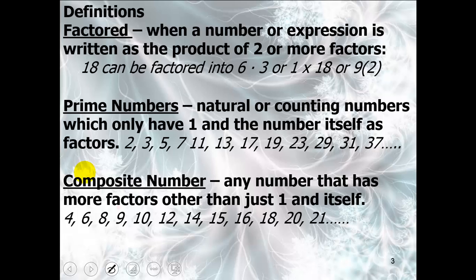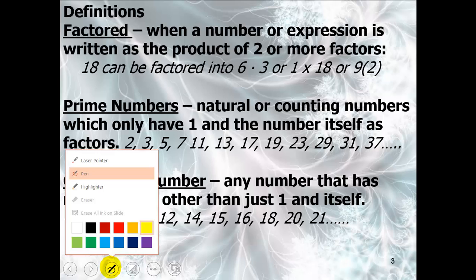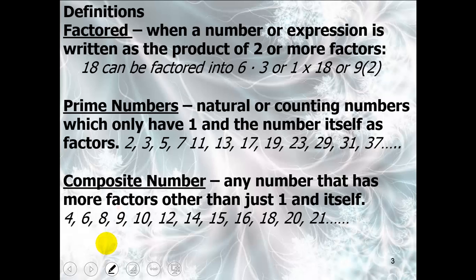When something is factored, it is written like a number. If a number is factored, it is written in terms of 2 things being multiplied together. It's written as the product of 2 or more factors. 18 can be factored into some different factors. We can have 6 times 3. We can have 1 times 18.